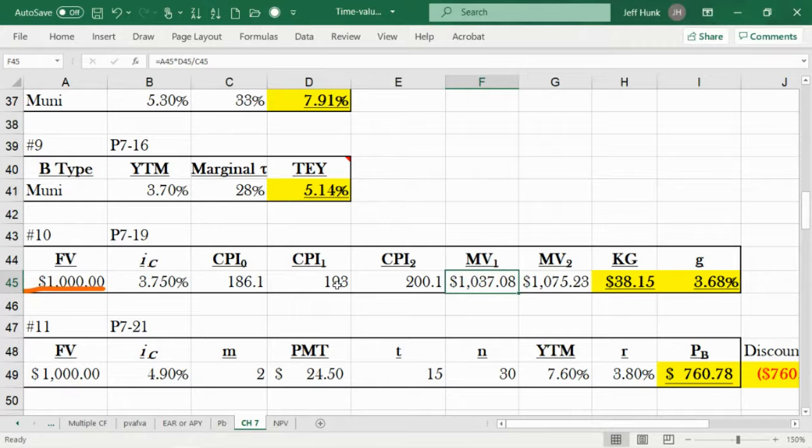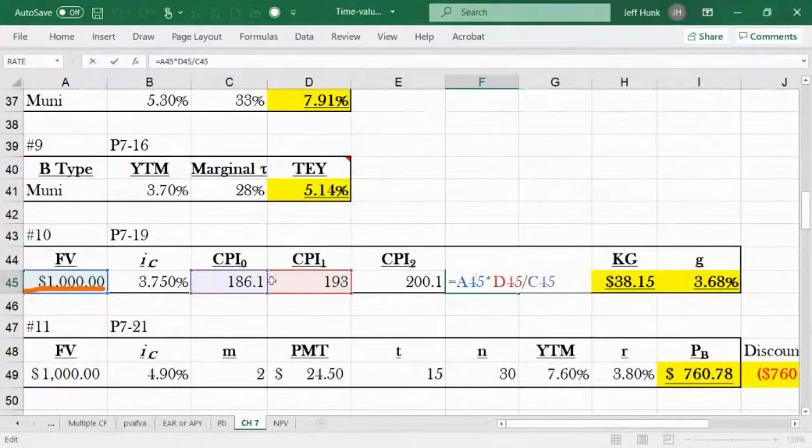Think about it: this minus this, divided by this, will give you the percentage increase. Or you can do it even more simply: if you divide this by this, that will give you the gross rate.